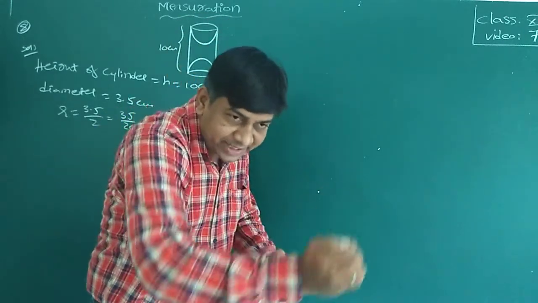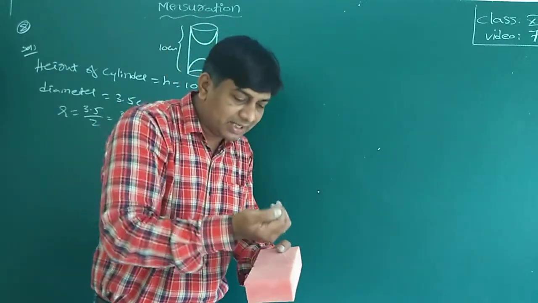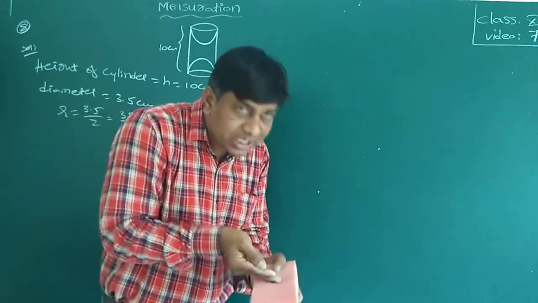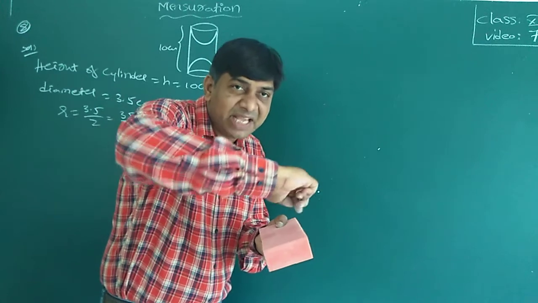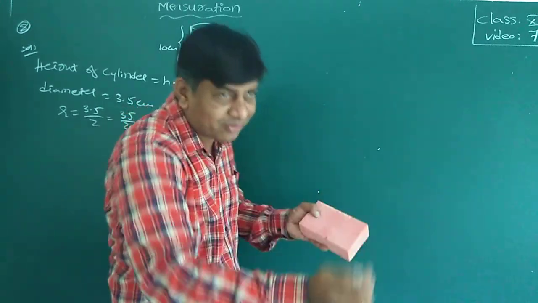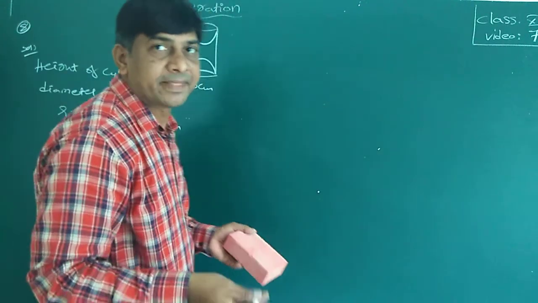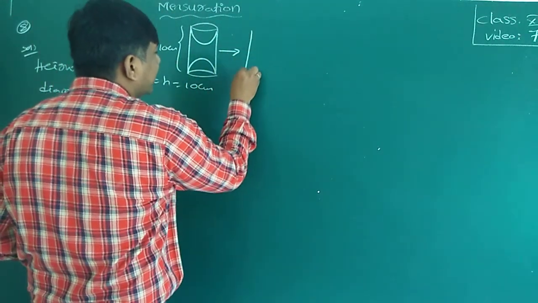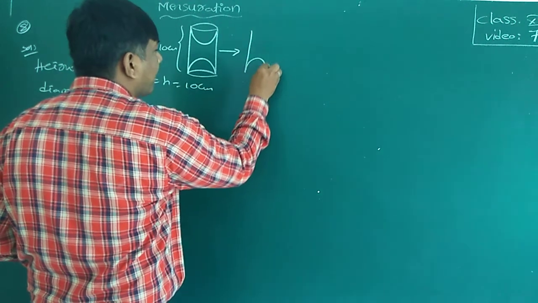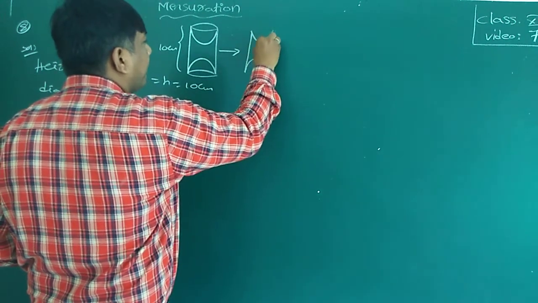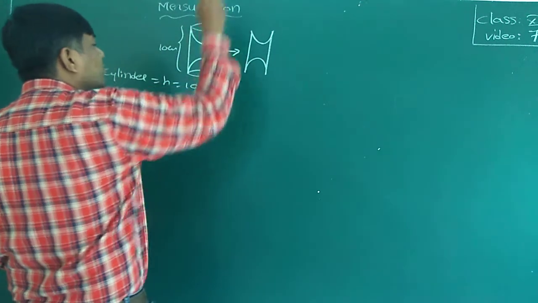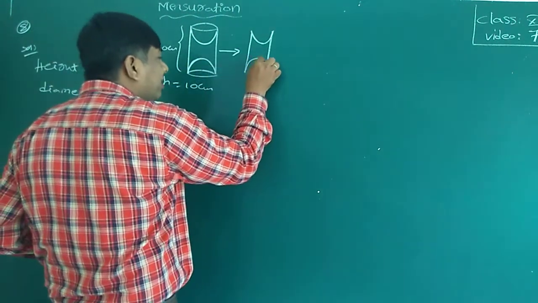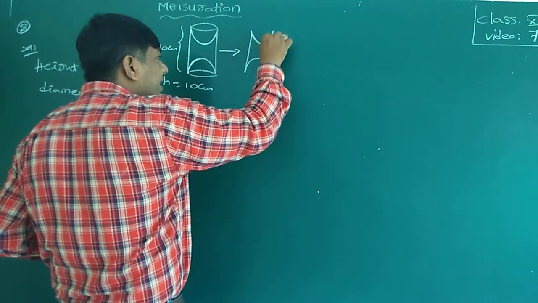When they take out the spoon, inside the ice cream there will be a hemispherical mark. Then your resultant cylinder becomes like this, with a hemispherical mark inside in both directions.